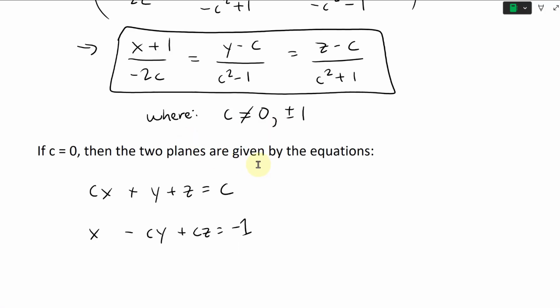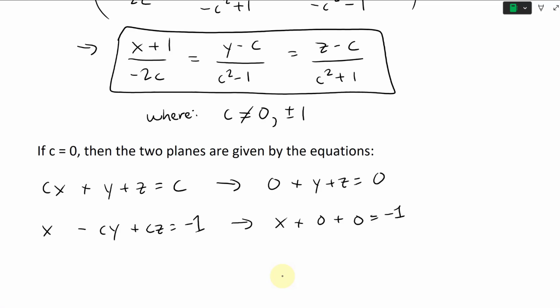Now if we have c equals 0, it's going to vanish like that. c times x is 0, plus y plus z equals 0. And at the bottom right here, we get x plus 0 equals -1, like that.